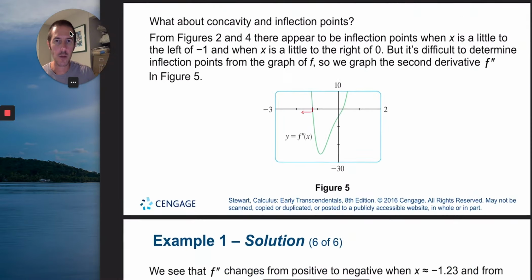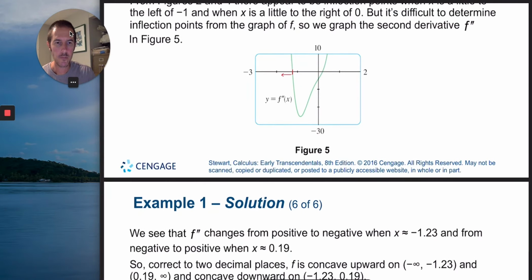Let's have some continuity here. There it is, negative 1.23. The author is suggesting for that x coordinate, approximately. So we should be concave up on that interval from negative infinity up to negative 1.23.